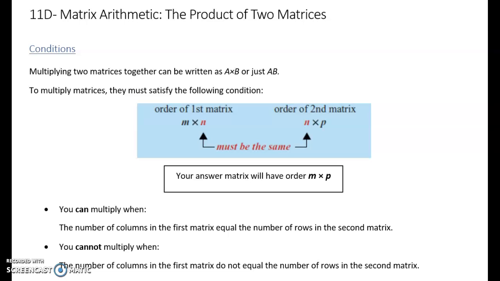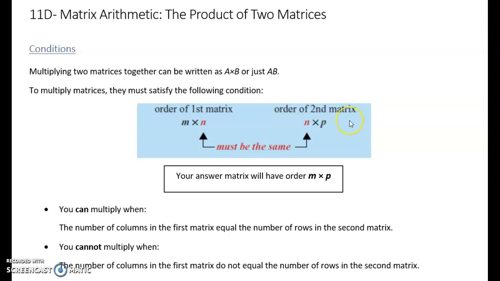So, the product of two matrices, the conditions that must be met when you're multiplying two matrices is that when you write out the orders, remember it's rows by columns and rows by columns, the columns of the first matrix must be the same as the row of the second matrix.